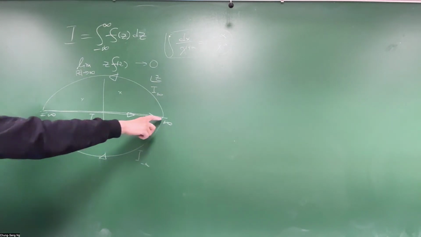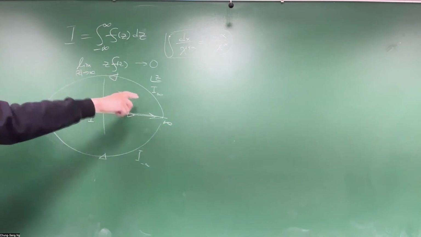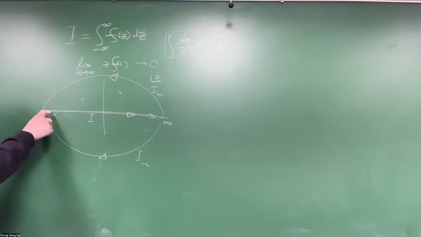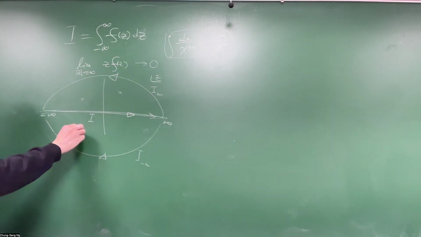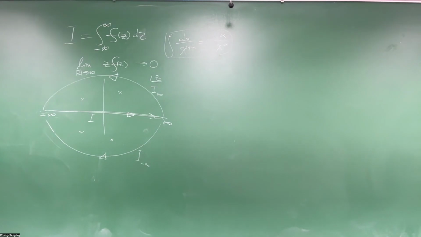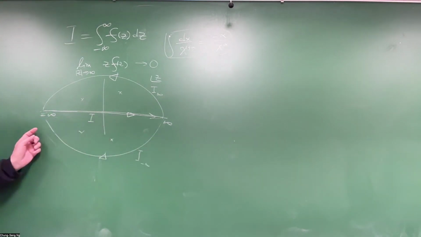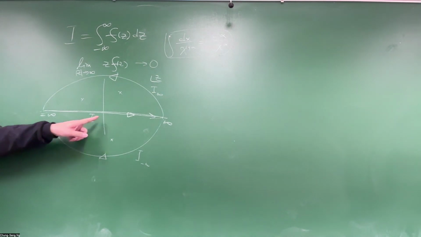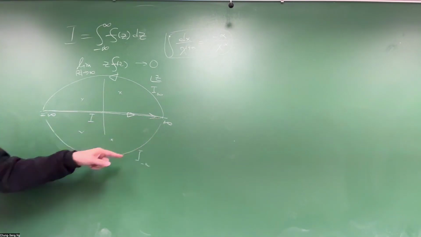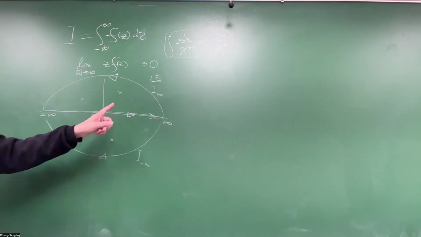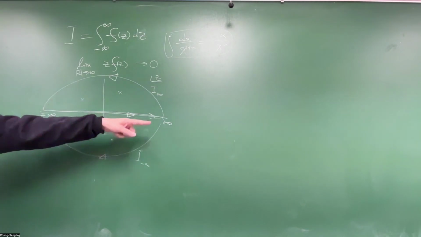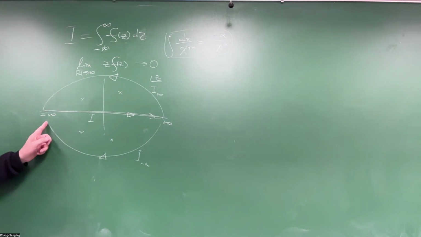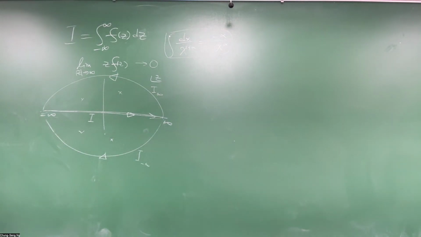If this condition is satisfied on this path, then you can argue that the integral along here is 0, and then you get the sum over the residues here. But when you close the lower semicircle, you need to be a little careful about the direction of your integral, because now this is in the clockwise direction, so it's not the same sense of direction as the residue theorem.